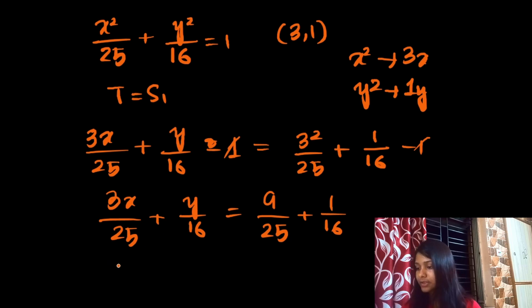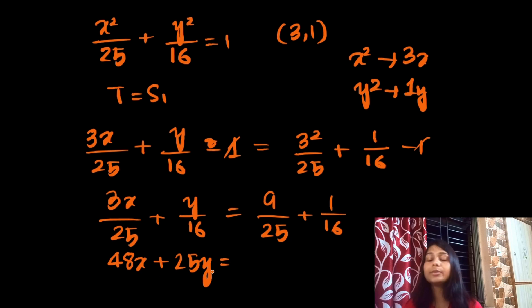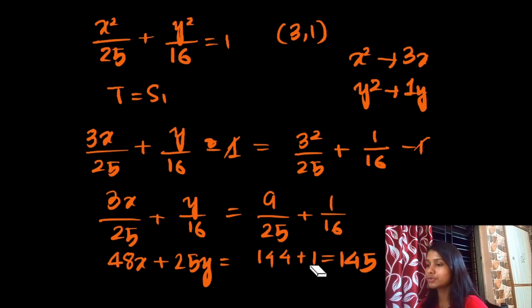So if we multiply here, it will be 16 into 3, so it will give 48x plus 25y, and there will be a term in the denominator, 25 into 16, and here also it will give 144 plus 25, which will give 169.